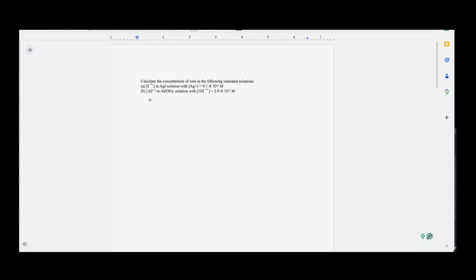For question B, we're asked to calculate the concentration of aluminum cations in aluminum hydroxide solution with the molarity of hydroxide ions equal to 2.9 times 10 to the negative 9 molarity. To start, we'll write out the dissociation.